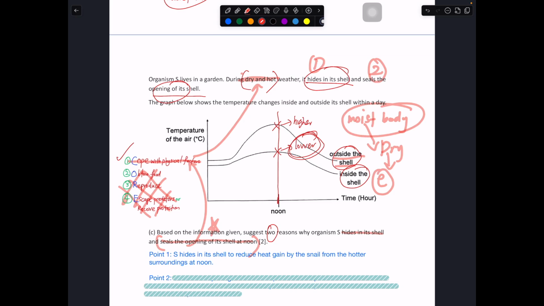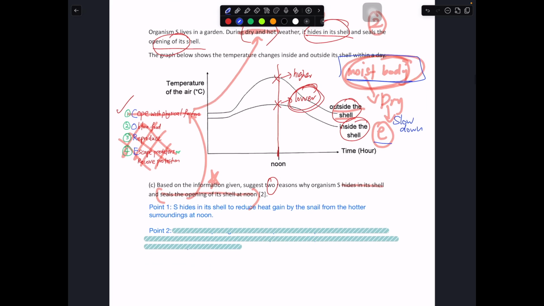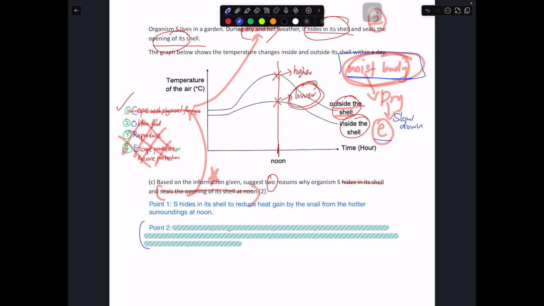It's sealing it up so that it can reduce the exposed surface area of its moist skin in the surrounding, and this can help to slow down evaporation, so the body can keep moist. Probably this animal needs moist skin to take in oxygen, or to help it in its life processes. That's why it needs to keep its body moist. Without that moist skin, this organism might have died. So in this case, how do you write point 2? This part is a more challenging one.